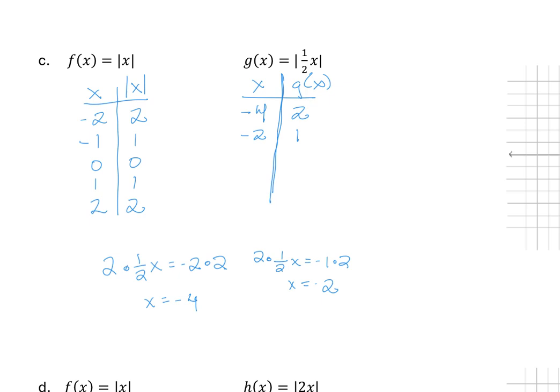All right, from here, we follow the pattern. So if we multiply the remainder of our x values by 2, we get 0 times 2 is 0. We get 1 times 2 is 2. And we get 2 times 2 is 4.